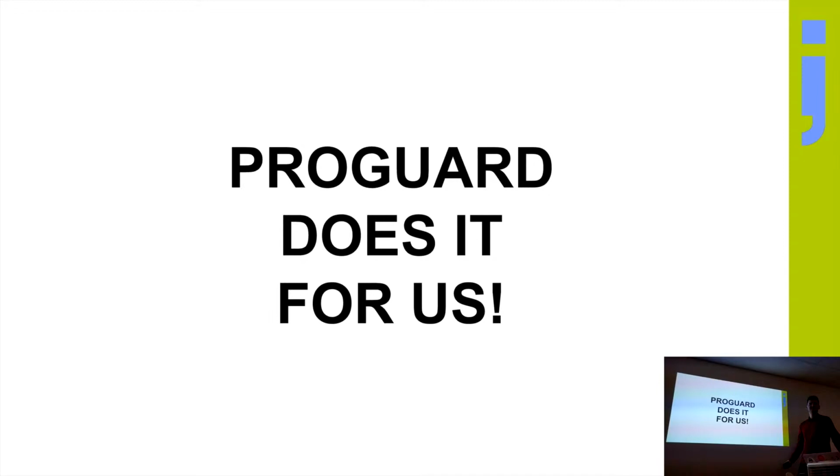But ProGuard does it for us, so why should we do it by hand if ProGuard already does it? If you use ProGuard, let's forget about enums, as they are already changed to ints in the compilation process.